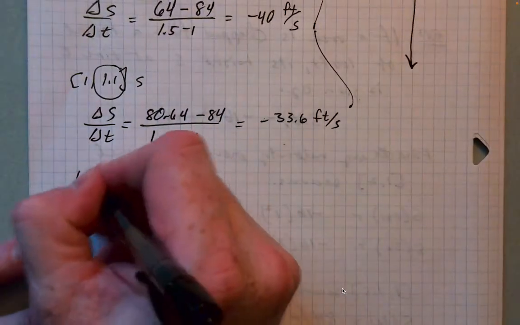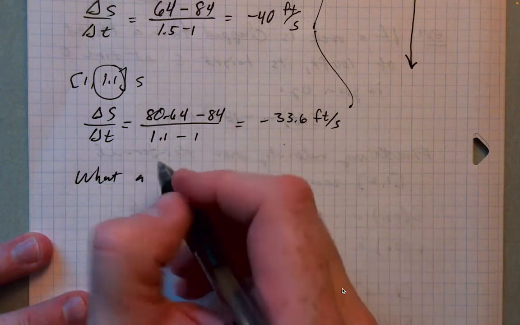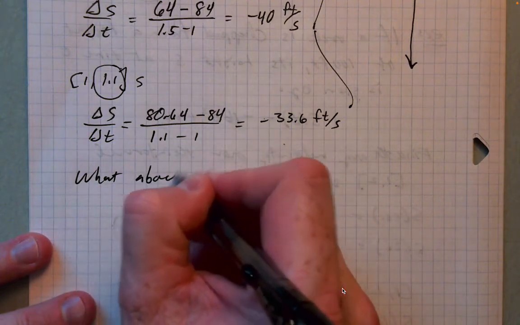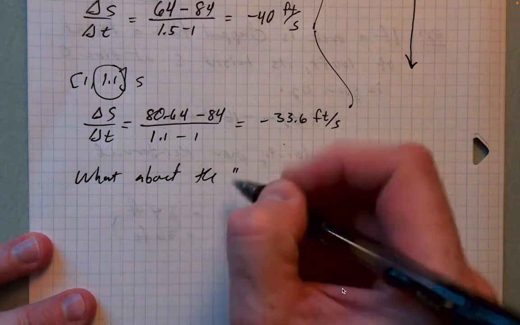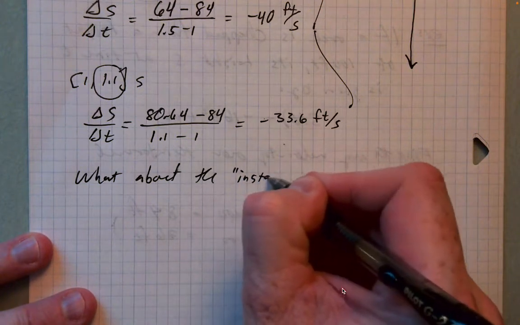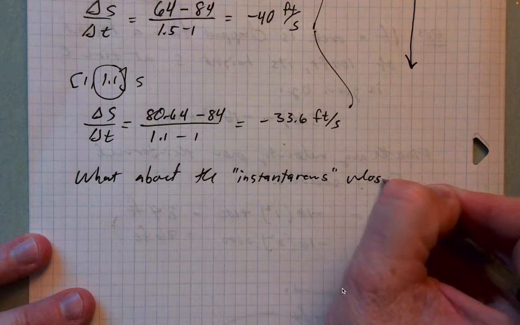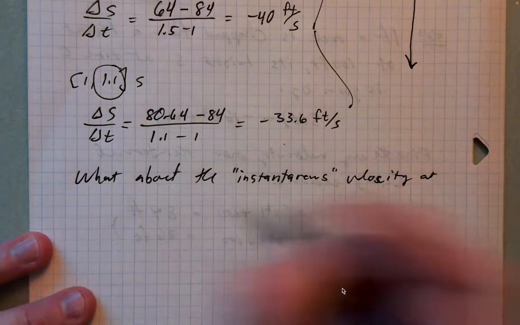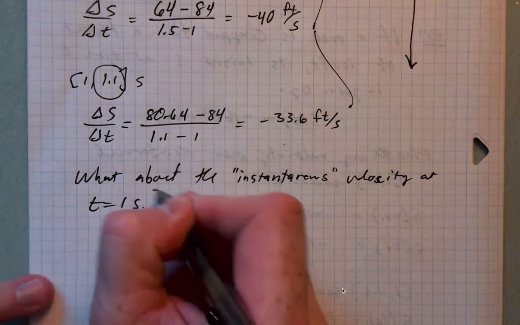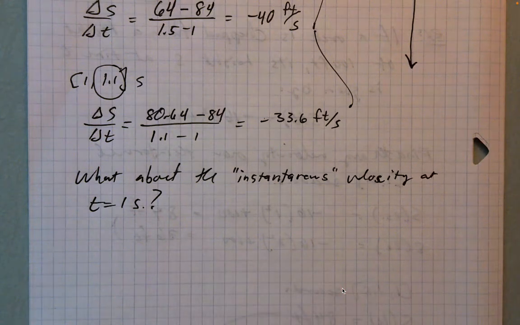What about the actual instantaneous velocity at t equals 1 second? And here I'm going to put this in quotes, the instantaneous velocity at t equals 1 second. Can we figure this out? Well, this sounds like the derivative, right?